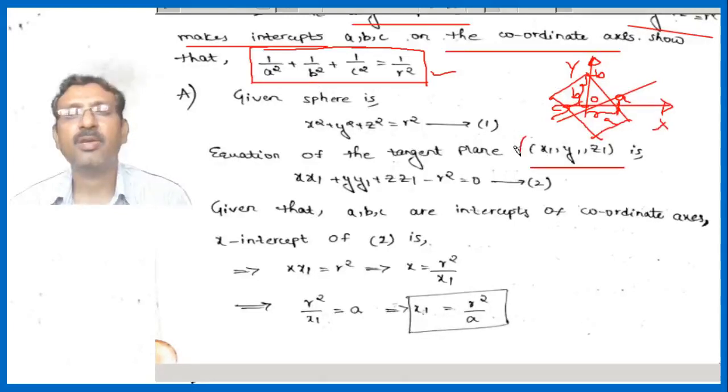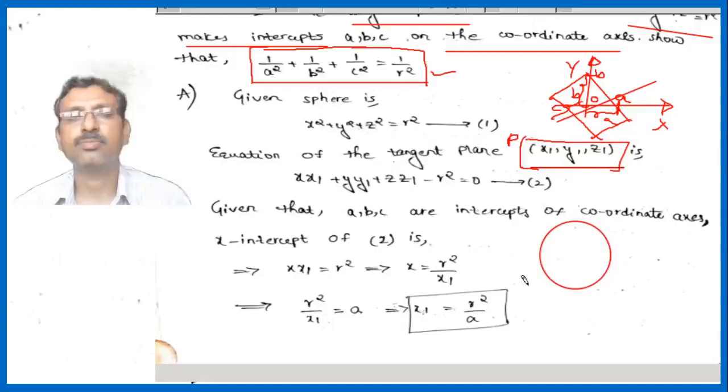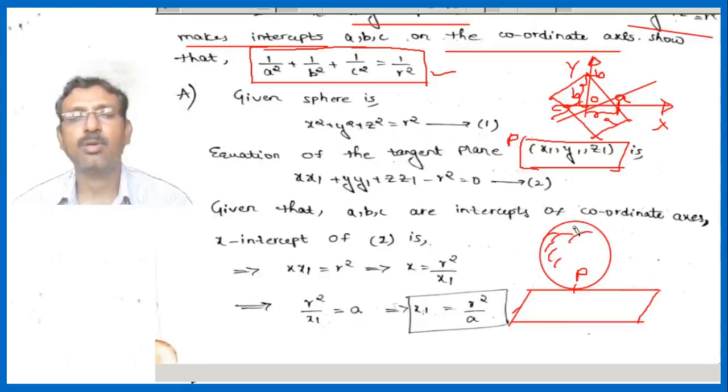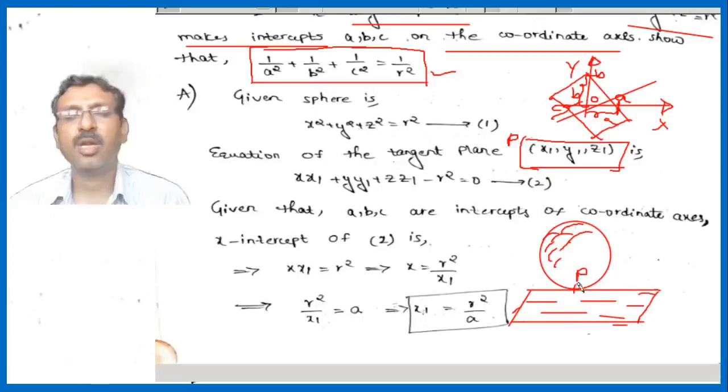Let the point of contact be P. So this is the sphere, and the plane touching at some point P. Here it is the sphere, this is the plane. Then P lies on the sphere and also on the plane. So here P is (x1, y1, z1).